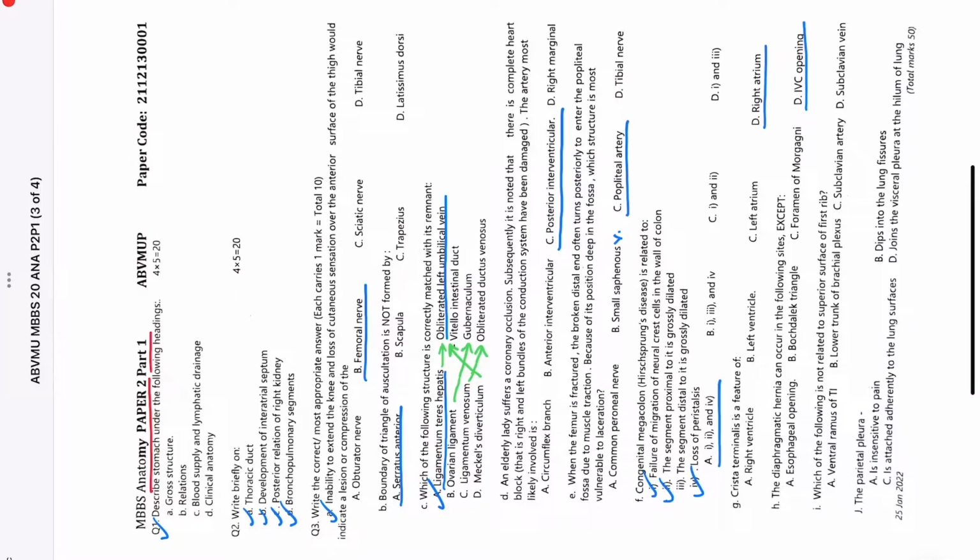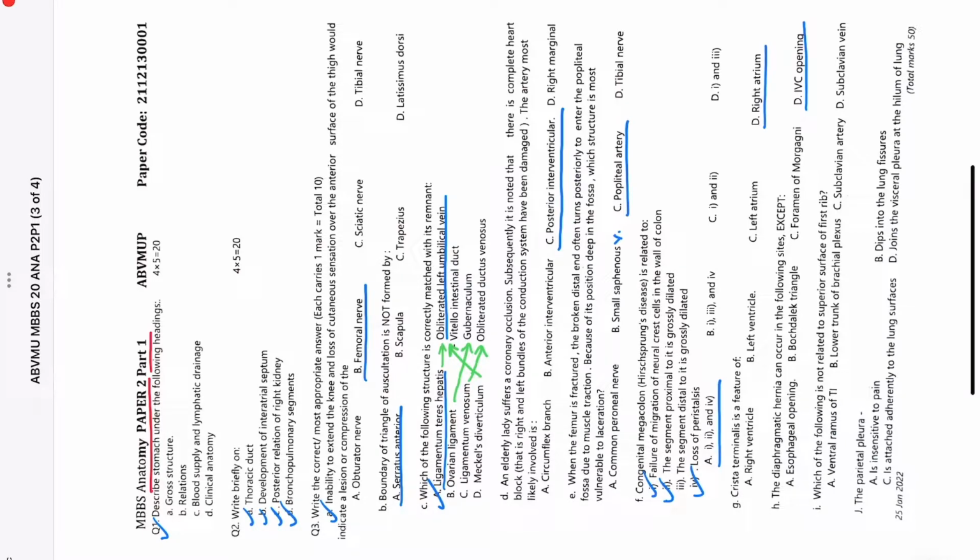The minor division of the ventral ramus of T1 continues as the first intercostal nerve. The major division of the ventral ramus of T1 participates in the brachial plexus. It joins the ventral ramus of C8 to form the lower trunk of the brachial plexus.